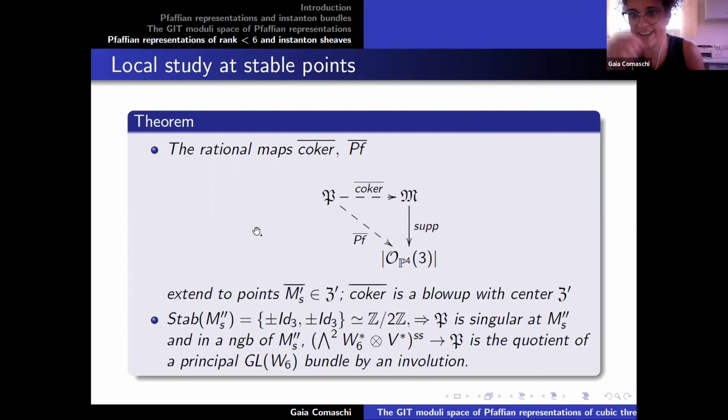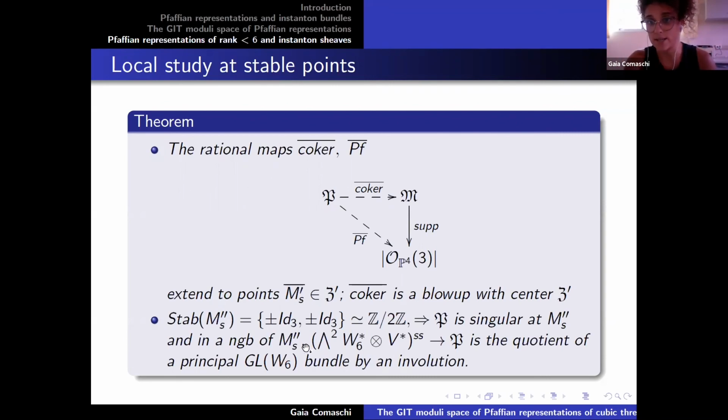Unfortunately, things get quite more difficult when we move to matrices associated to pairs of lines, because in this case we don't have a trivial stabilizer, but we have an involution. This is just an involution that inverts the lines, and so it means that the quotient will be singular in this point.